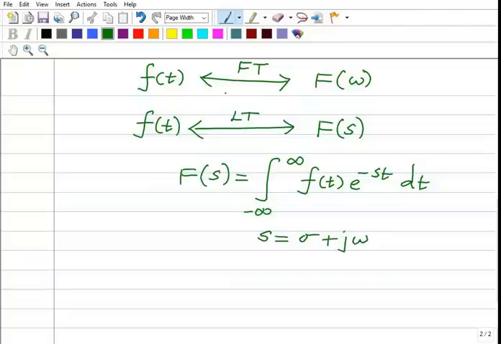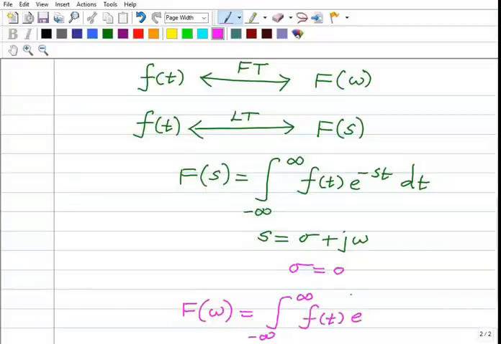Suppose the real part of s, which is sigma, is 0. Then the Laplace transform becomes the Fourier transform. Substitute that here: F of j omega, or just omega, because sigma is 0, is equal to the integral from minus infinity to plus infinity of f of t e power minus j omega t dt.